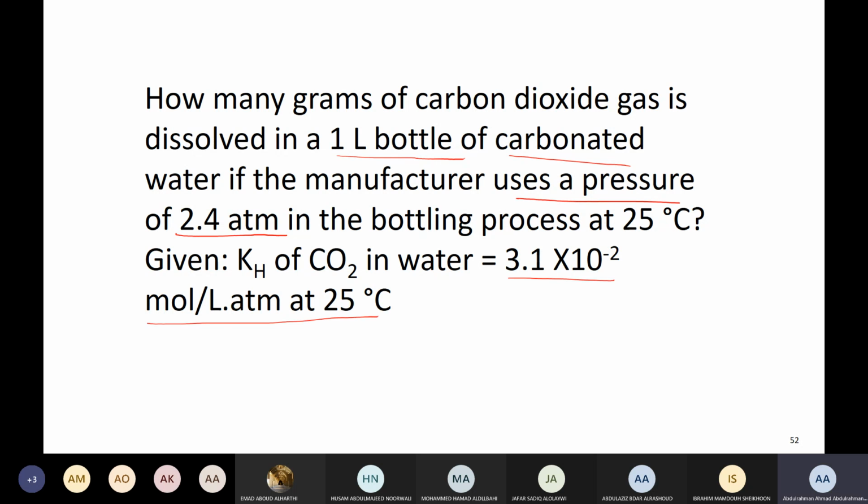Which law are we going to use in this case? C equals K times P. Henry's law.